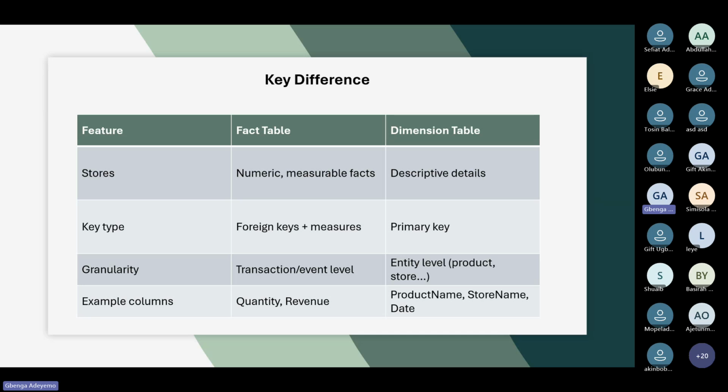In terms of granularity, granularity has to do with the level of detail. Some people also call it grain, the level of detail, right? Fact tables are always transactional, right? They show the level of events, right? Dimensions on the other end are business entities, right?